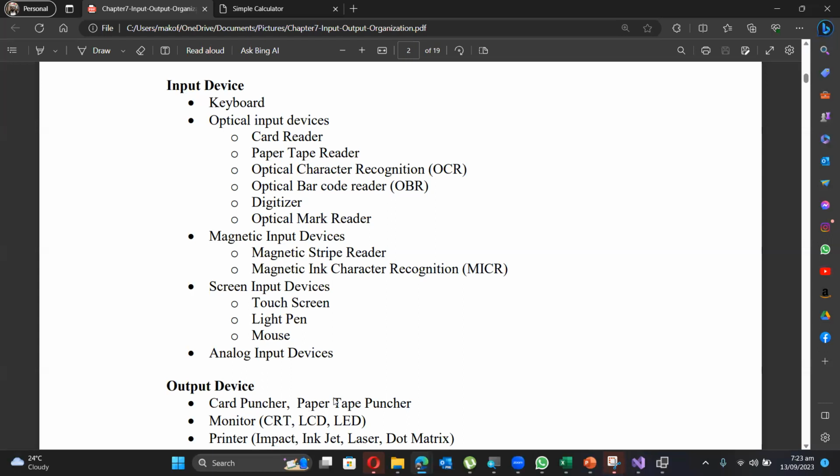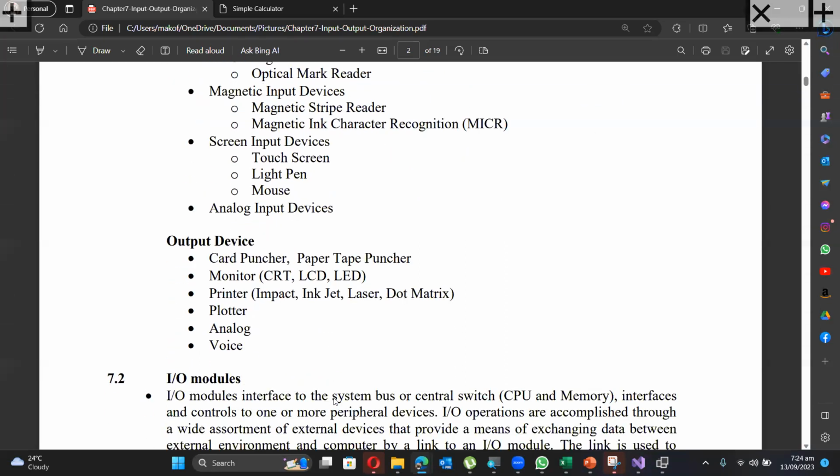We have the magnetic input devices, where we have the magnetic strip reader and then the magnetic ink character recognition. We also have screen input devices that allow you to do touch screen, light pen, and then of course we have our mouse. Then we have analog input devices.